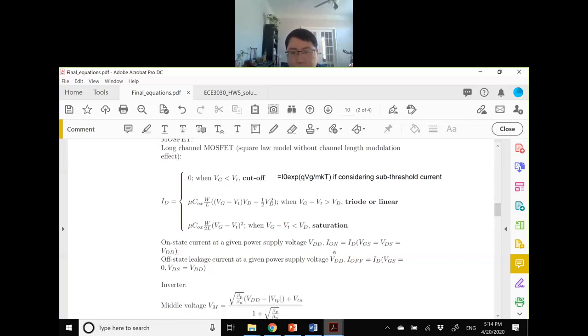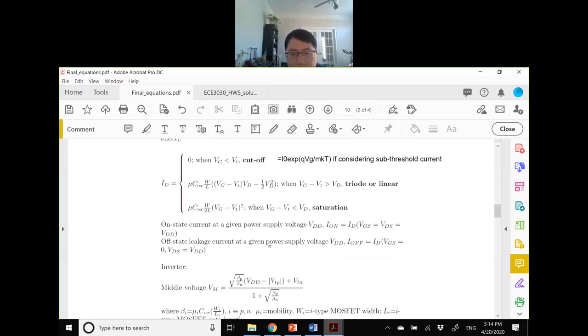So both gate and drain equal the power supply. And for the off current, it's defined as when the gate voltage is 0, but the drain voltage is VDD. So you still have the current flow from the drain to source.